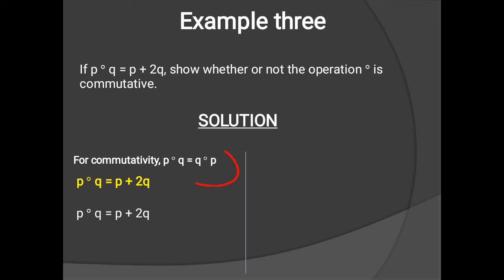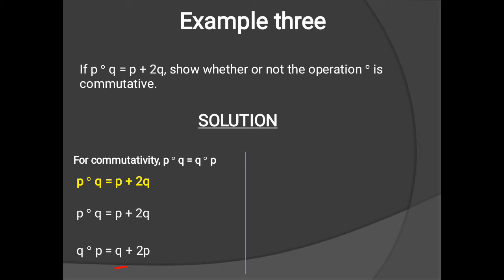Now the next thing is to solve for Q operation P. See, over here the first one is P, so P came first. But over here the first one is Q, so Q comes first. You have to check that very well. So Q operation P is equal to the first one, which is Q, plus 2 times the second one, 2 times P.